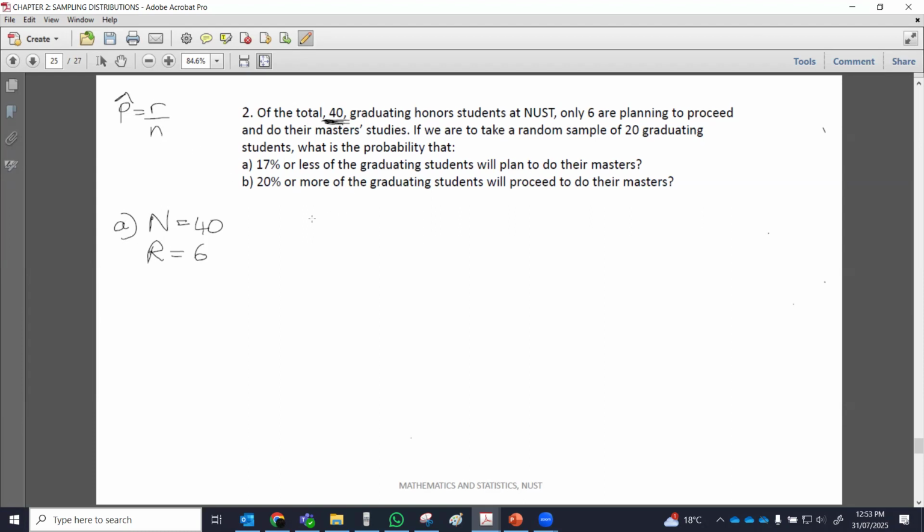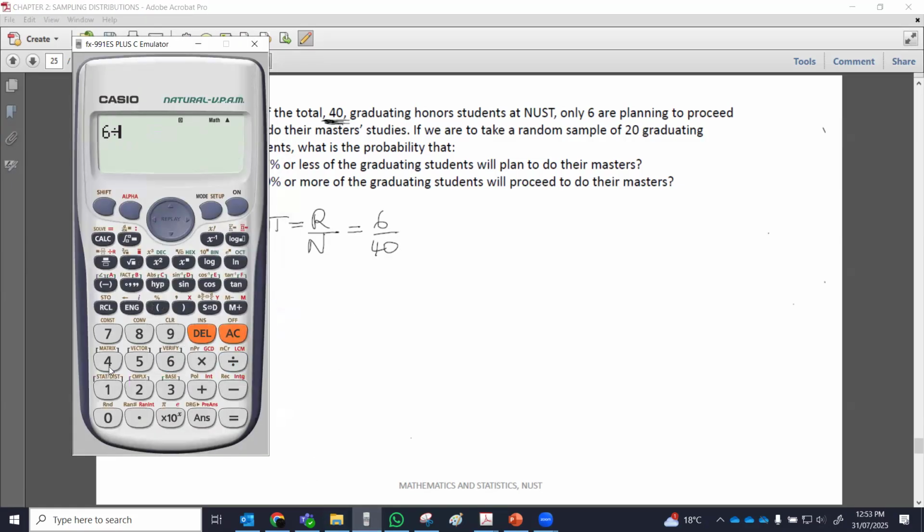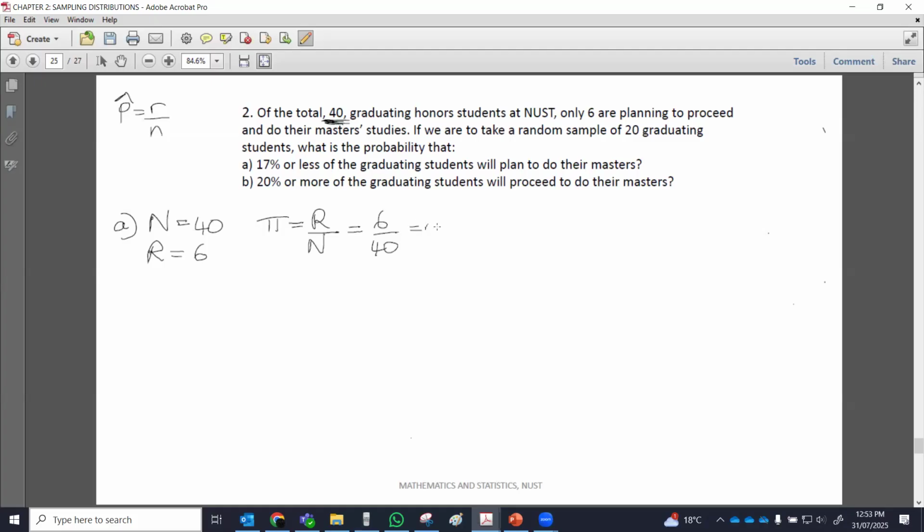So now we need to work out pi. So here pi is not given, but we have enough information to work it out. So we can see that pi is equal to r over n, and this is equal to 6 over 40, which we can write in its simplest form. So 6 divided by 40. And this is 0.15.